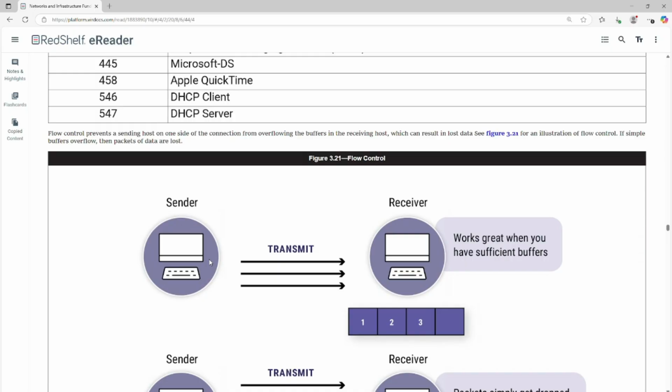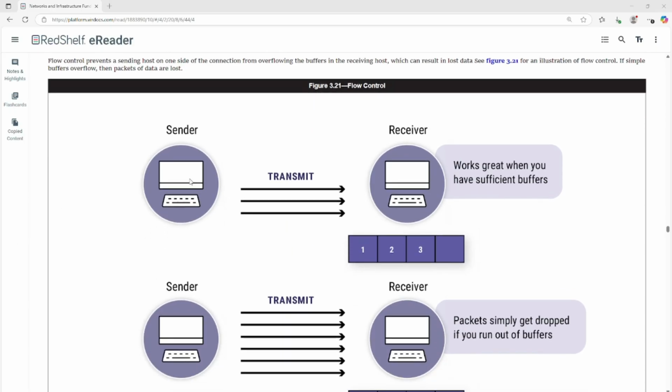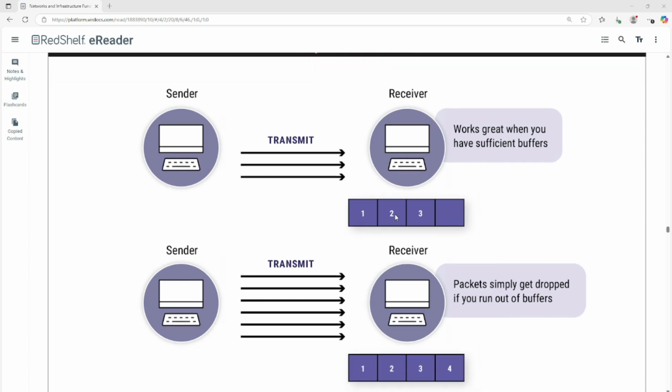The diagram on figure 3.21 shows flow control, where a sender transmits to a receiver and the receiver gets it and buffers it, 1, 2, 3. A buffer could be like a shelf that can hold a maximum of 3.